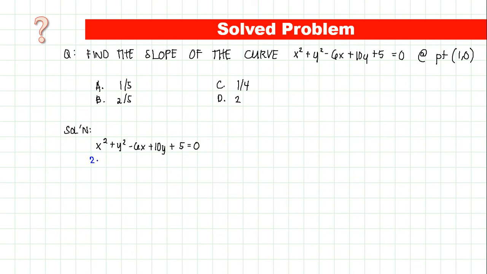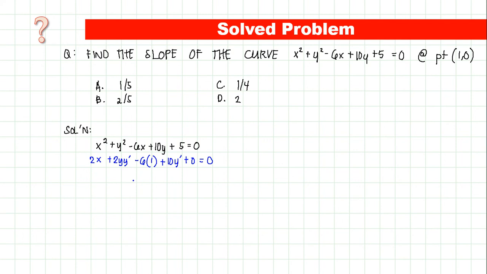We have 2x plus 2y, y prime, minus 6 times the derivative ng x ay 1 plus 10y prime. No? Derivative ng y ay y prime plus 0 is equal to 0. So, ganun lang siya. Term by term, kukunin natin yung derivative with respect to x. No? Kung y siya, meron siya dapat y prime. Huwag natin kakalimutan yung y prime na yan.